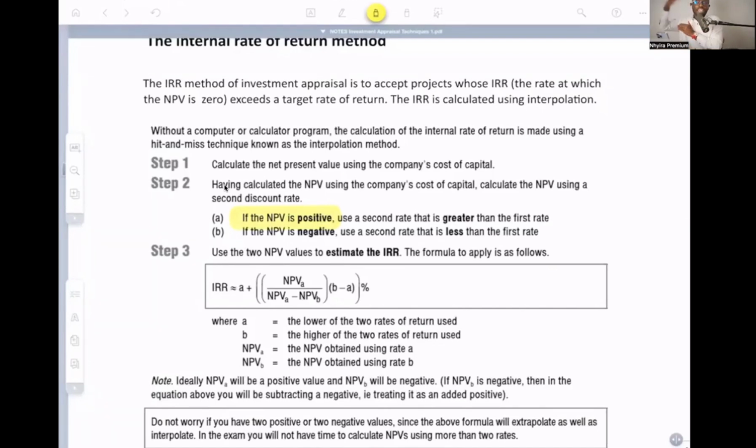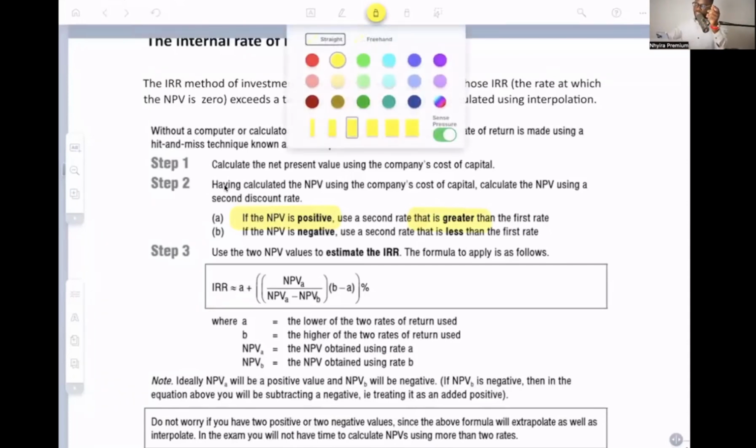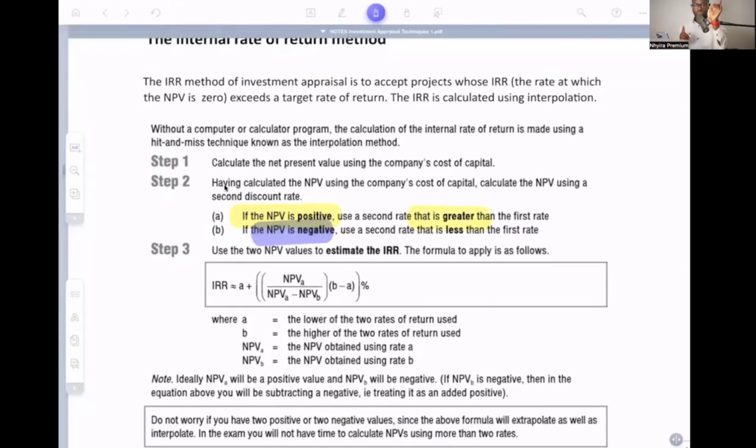So in the second NPV schedule, you increase the rate. It's at your own discretion. But if you do it and your NPV is negative, it means the discount rate was too high. So in the second NPV, you use a lower discount factor. Again, it's at your discretion.